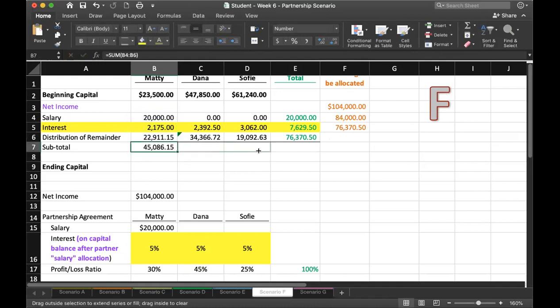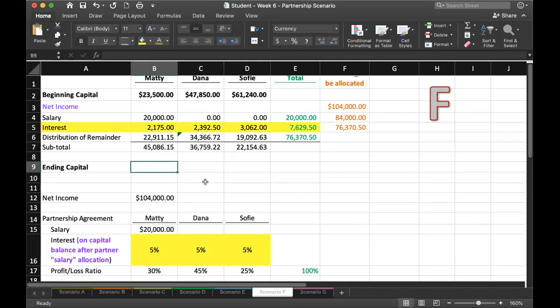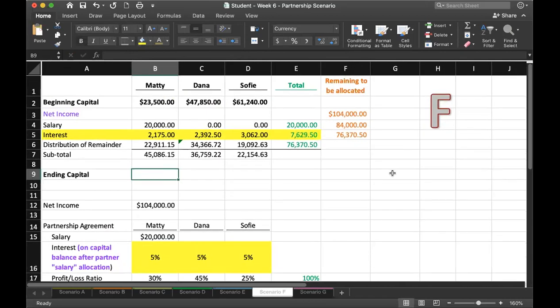So in this particular scenario, Dana is going to get $36,759.22, and Sophie will get $22,154.63. And what's left for Maddie then is $45,086.15.